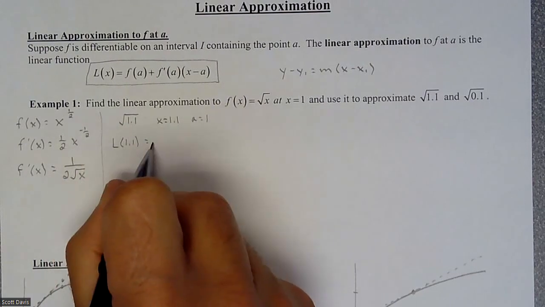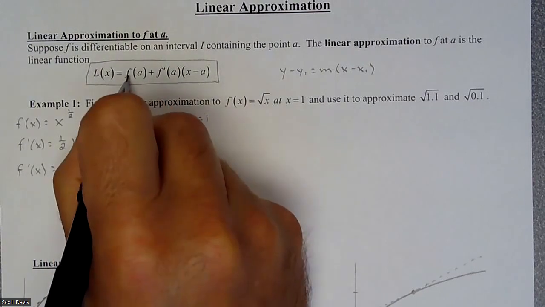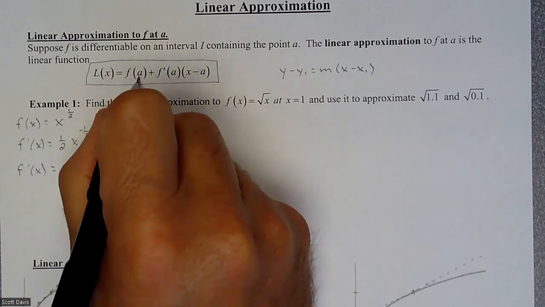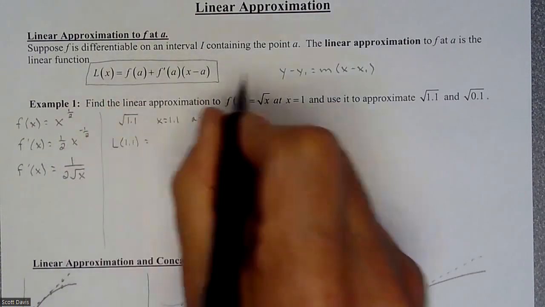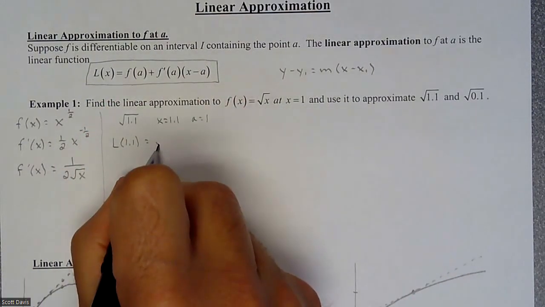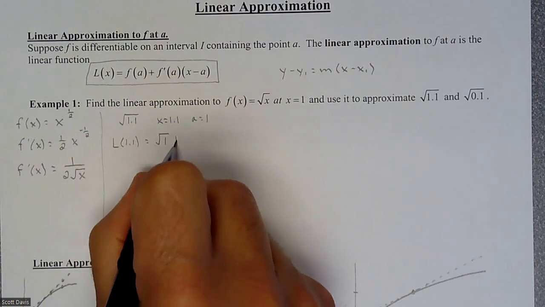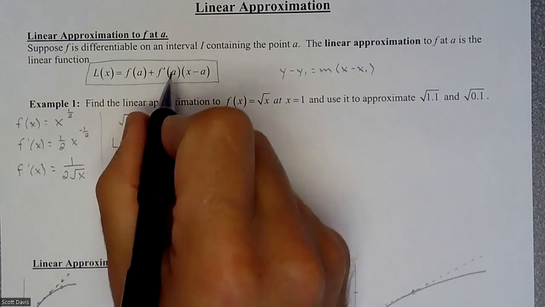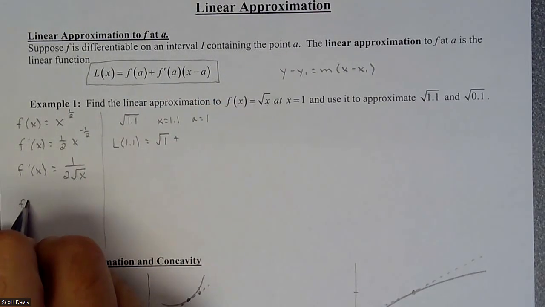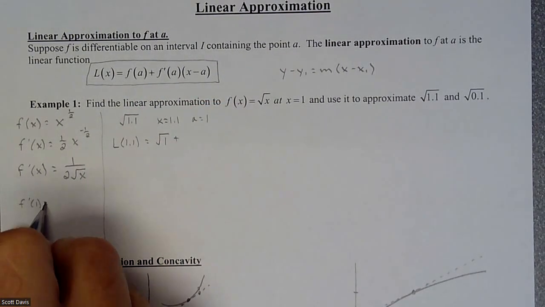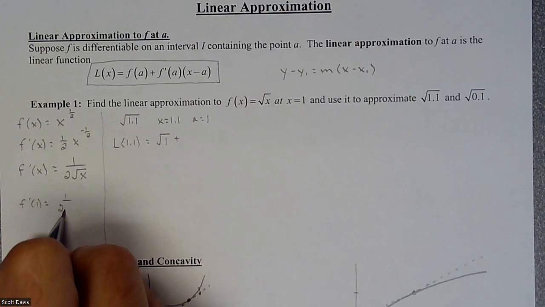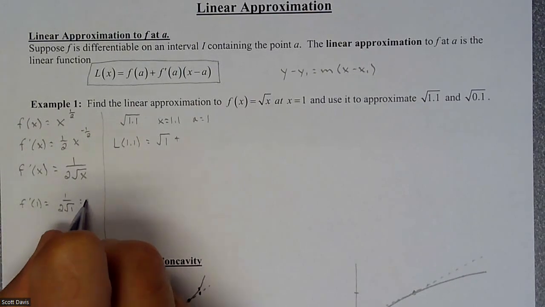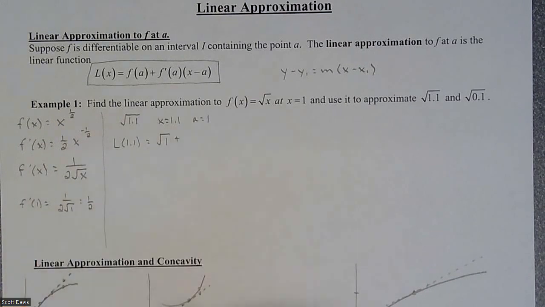So the math is, we are going to estimate this square root of 1.1. We're going to be plugging our nice value into our formula. And so we're going to have the square root of 1 plus the slope at 1. If we did the slope at 1, we would have 1/2 times the square root of 1, which is 1/2.